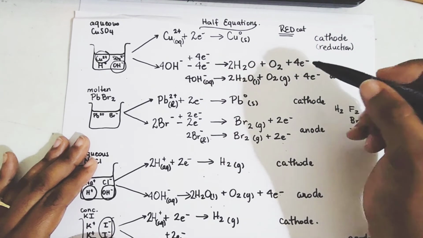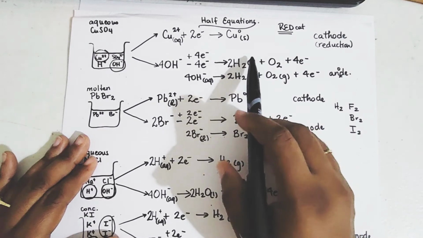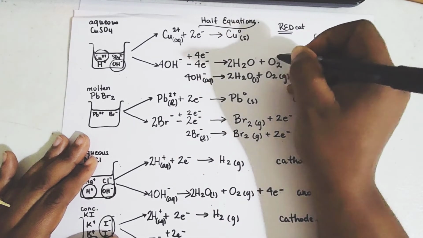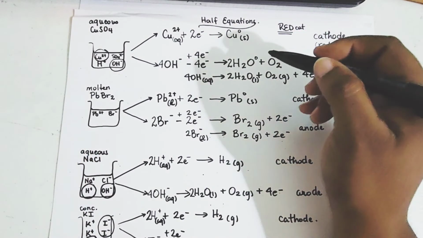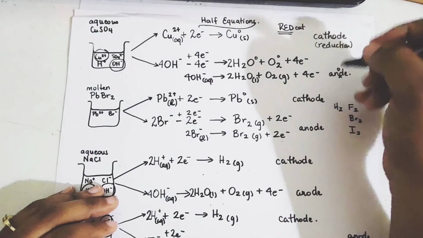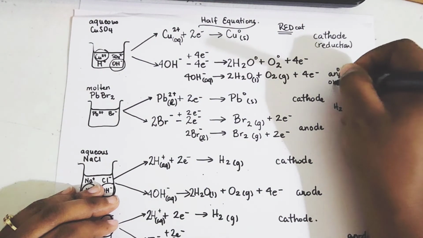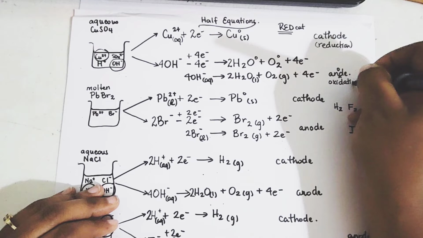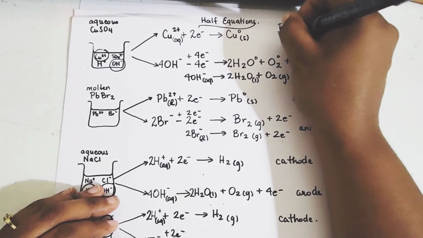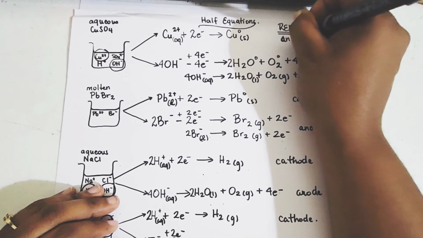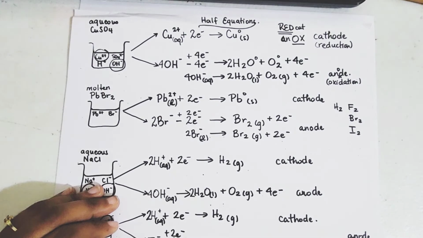And at the anode, you would realize that we went from -1 to 0. So we would have oxidized. So oxidation happens at the anode. Always. So we say big OX, ox. So oxidation at anode. Right?